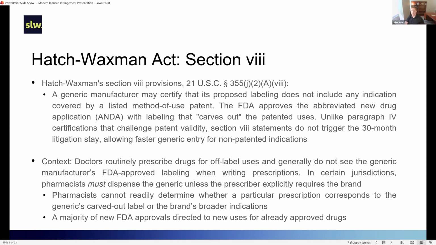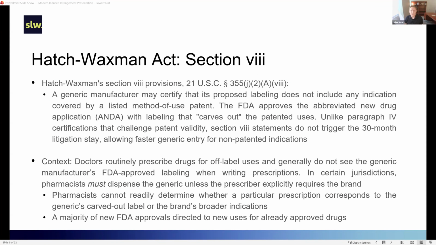So what you end up with is doctors prescribing drugs and not taking any of this carve out into consideration. I don't know if this was contemplated in the formulation of the Hatch-Waxman Act back in 1985, but as far as I have been made aware, this is how the industry operates.